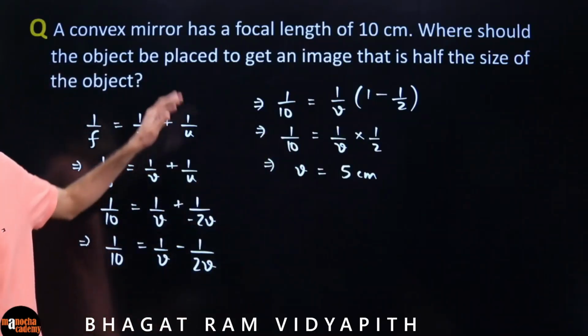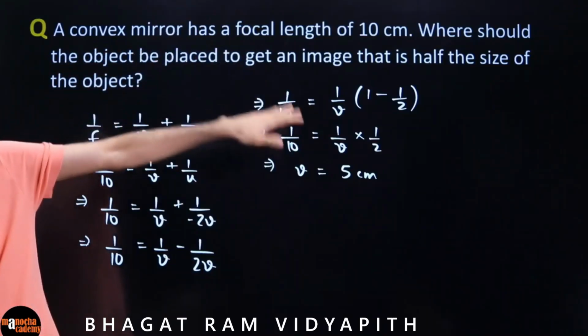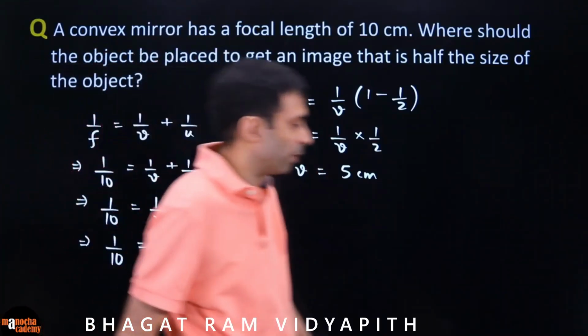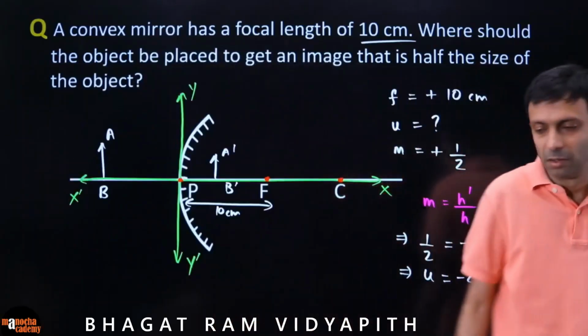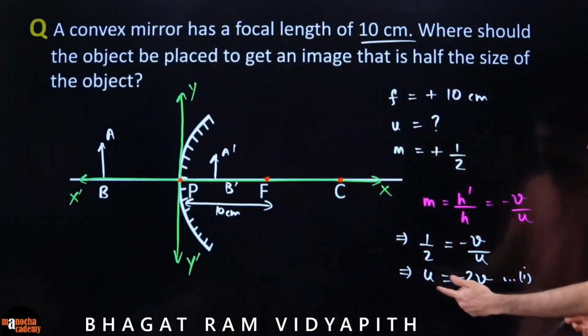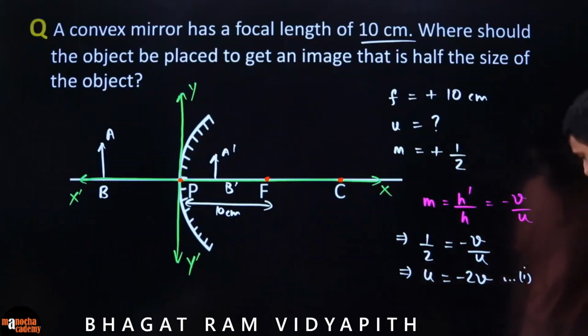But I want my u because it's asking where should the object be placed. It's not saying where will the image be formed. But what is the connection? u and v are connected. So using 1, u equal to minus 2v.